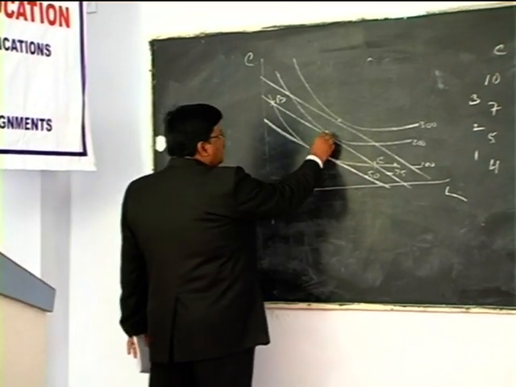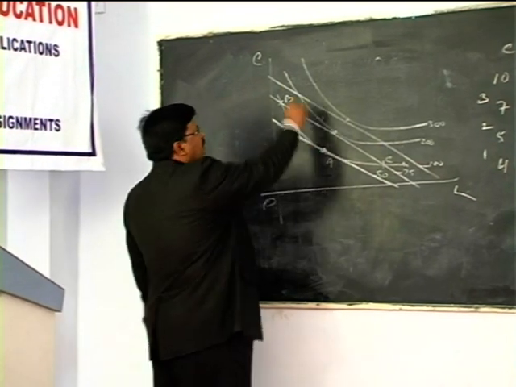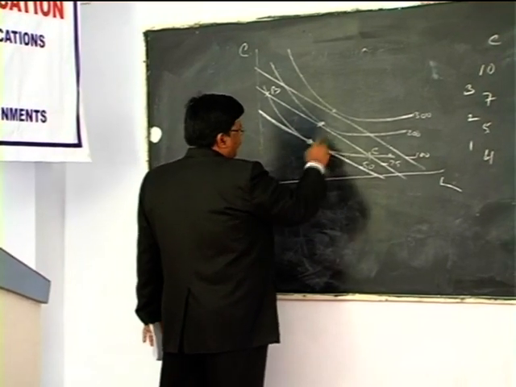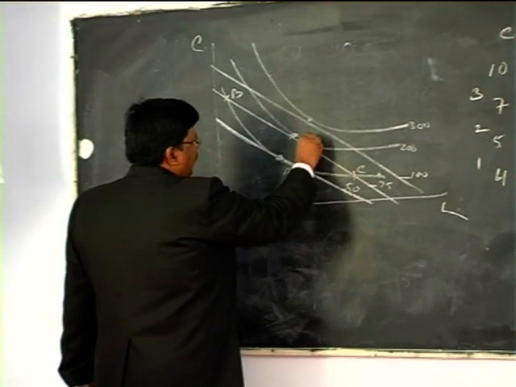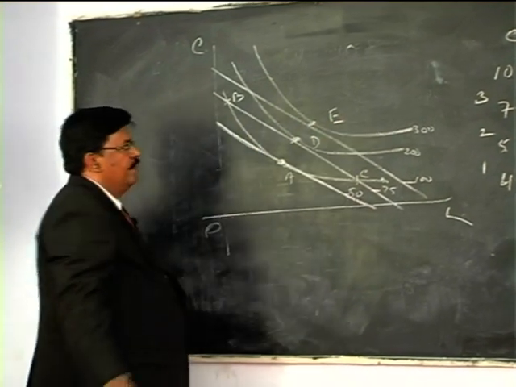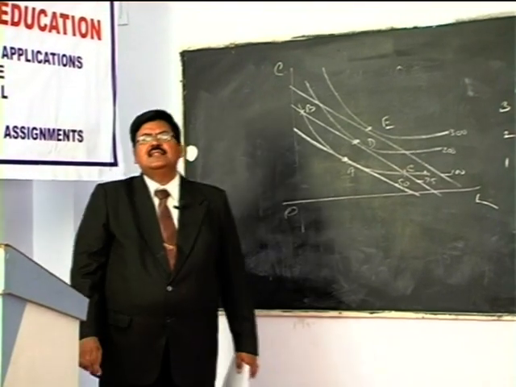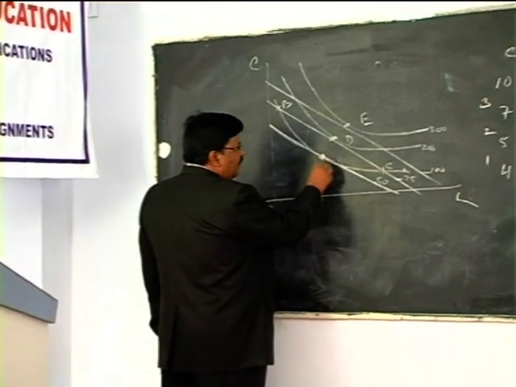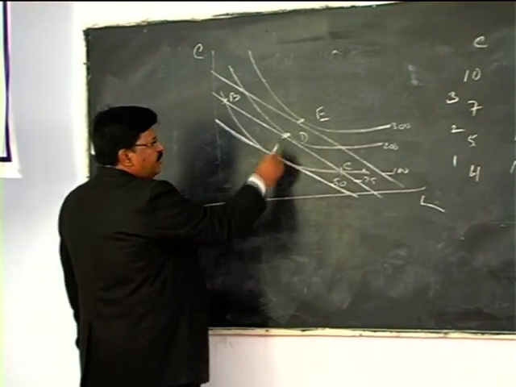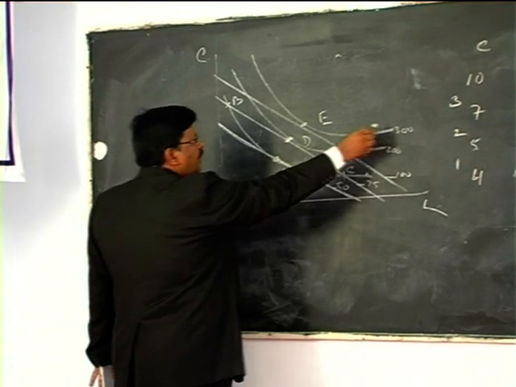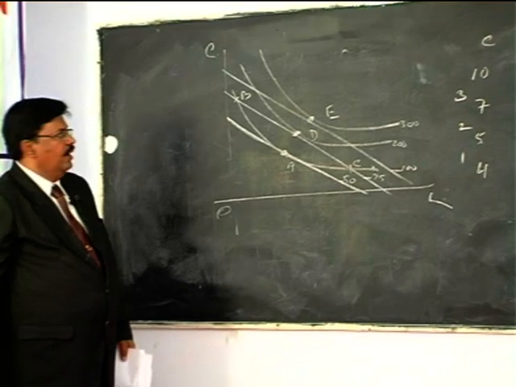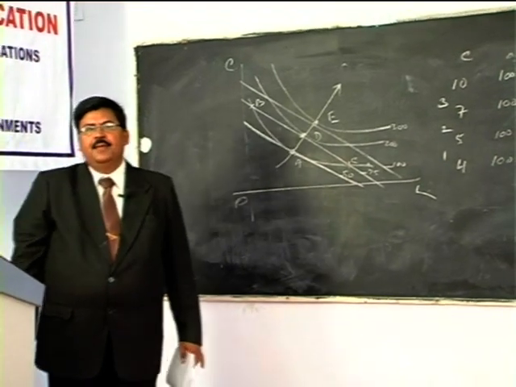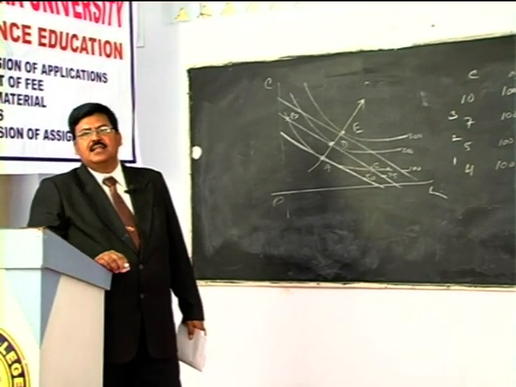And take the case of ISO quant for 200. It is tangential to the ISO cost line at point, say, D, and this is, say, E. Each point of tangency indicates equilibrium. 100 units can be produced with the least cost combination given by A, 200 units can be produced with the point given by D, and 300 units of output can be produced by E. If you connect these points of tangency, that is called expansion path.